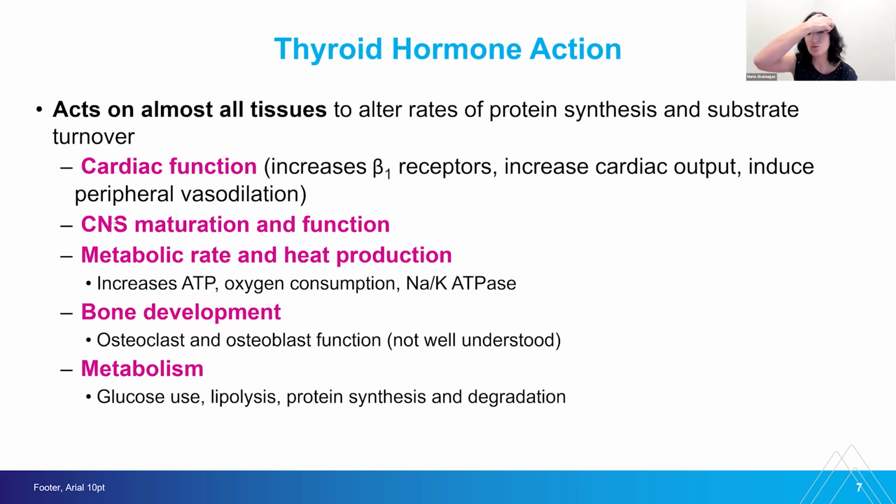It also has central nervous system effects for maturation and function, especially in a fetus, but also in adults and children. It increases metabolic rate and heat production, increases ATP production, oxygen consumption. It has effects on bone development. So we'll talk later, high thyroid levels are adverse for bone, and it affects metabolism of glucose, lipids, and proteins.